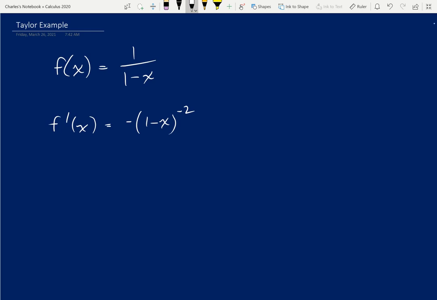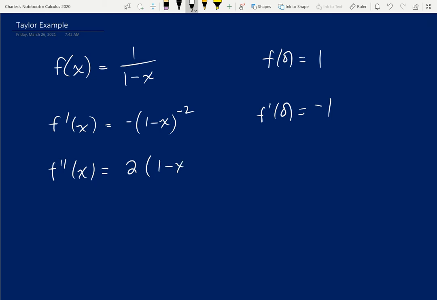Actually, let's find out what f of 0 is. f of 0 is 1. What's f prime of 0? When I plug 0 in there, I get negative 1. What's the second derivative of x? That's going to be 2 times 1 minus x to the negative 3.